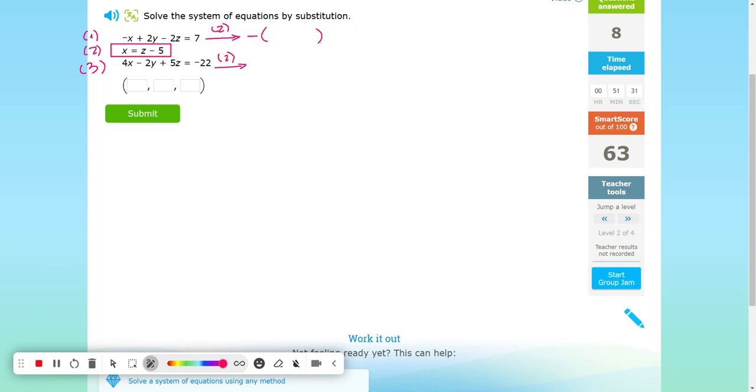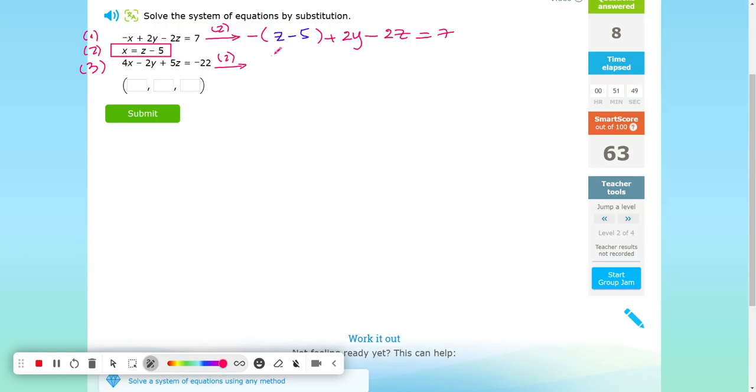Subtract x plus 2y subtract 2z equals 7. Now when I see the x, I put z subtract 5. Okay, so let's do the cleanup. Let's continue over here.